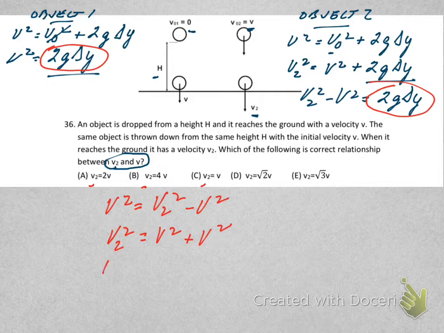We can add up v squared plus v squared here and get 2v squared. And to get v2 by itself, we can square root both sides. The square root of 2v, and that corresponds to d.